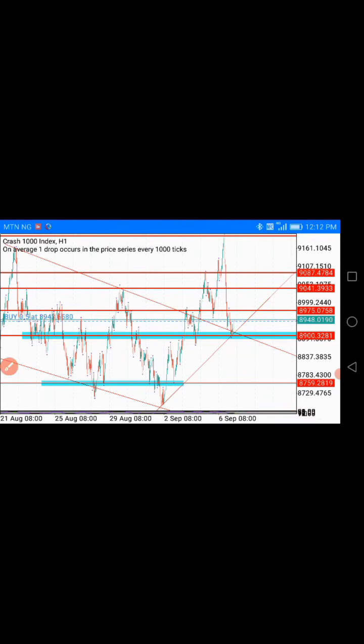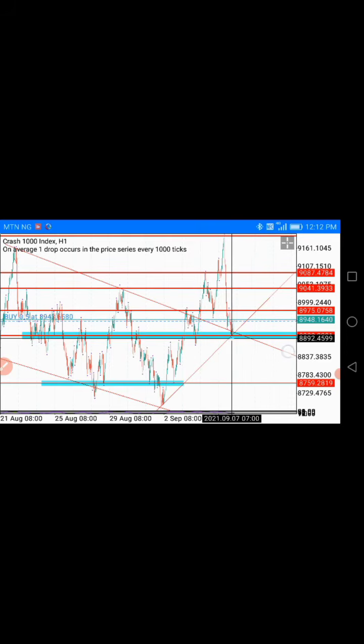Now, if you look, there's what we call a psychological level. We're going to talk more about that maybe much later. But it's a level that determines price. It affects price because of the reactions of traders around that area.